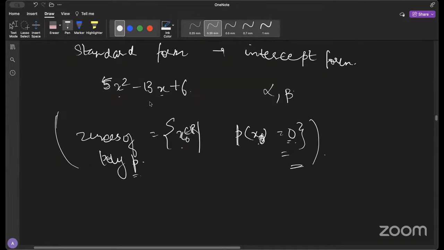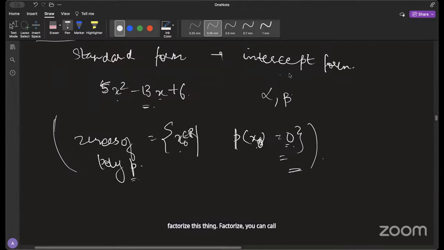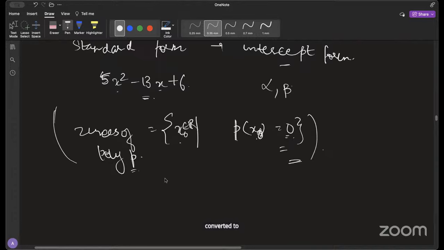Okay, so let's try to factorize this thing. Factorize, you can call, or you can say that you try to convert it to intercept form. So the first thing that you do here is you have to take care of two things. First is the product of the coefficient of x square and the constant term.